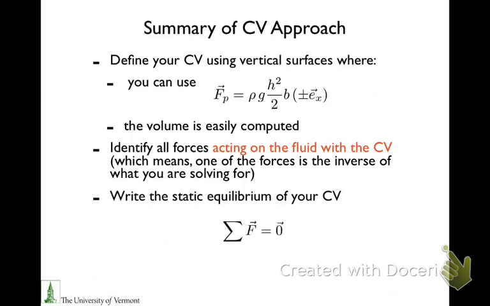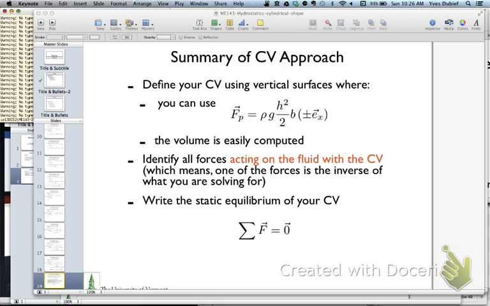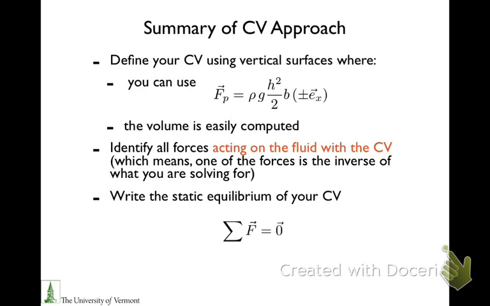So in summary, to use the control volume approach efficiently, you need to define your control volume using vertical surfaces where you can use the expression for the force of pressure on a vertical wall, which is in the formula sheet and is supposed to be known.